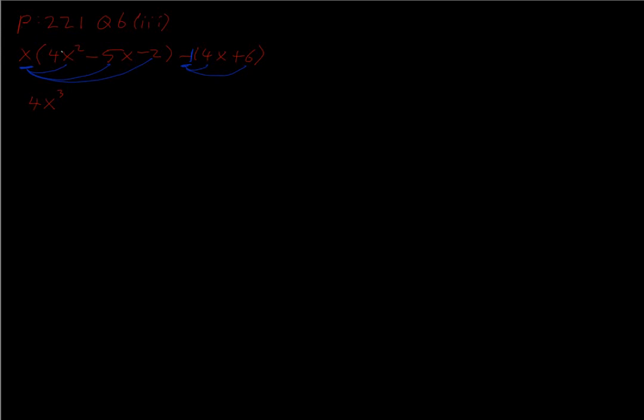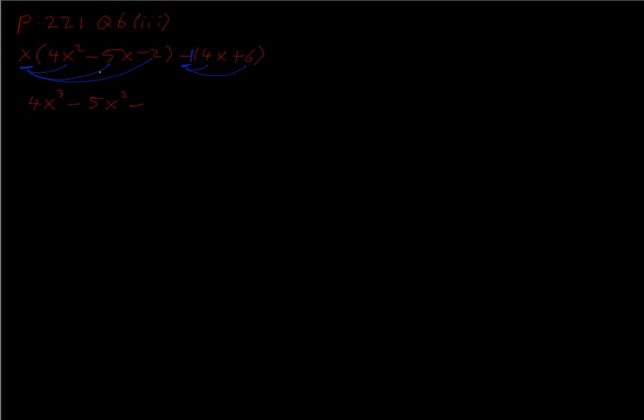Next term, we have plus x multiplied by minus 5x. So plus multiplied by minus is going to give us minus, and 5, and we have 2 x's multiplied together now, so we have x squared.